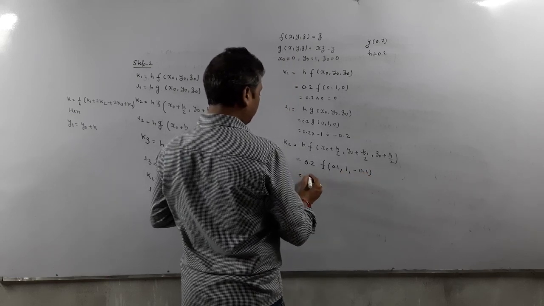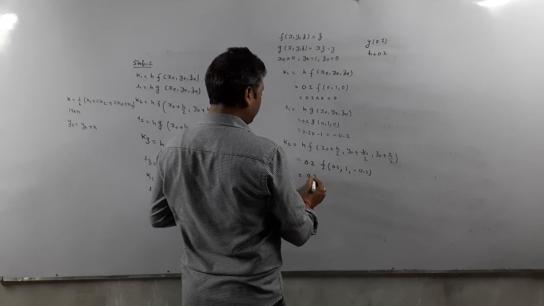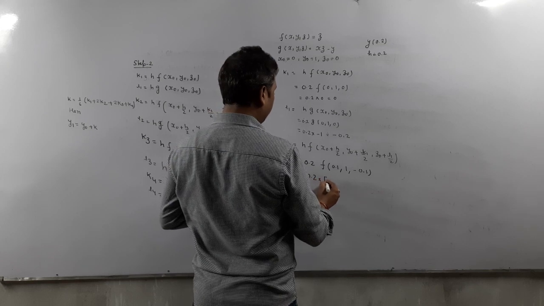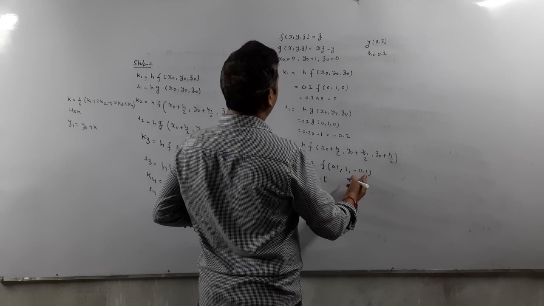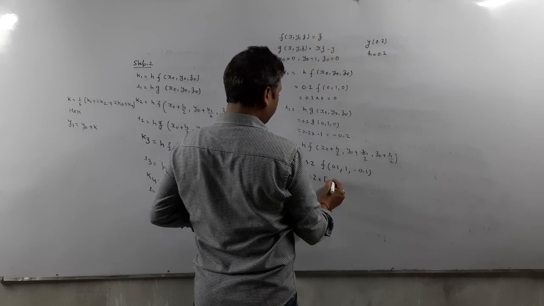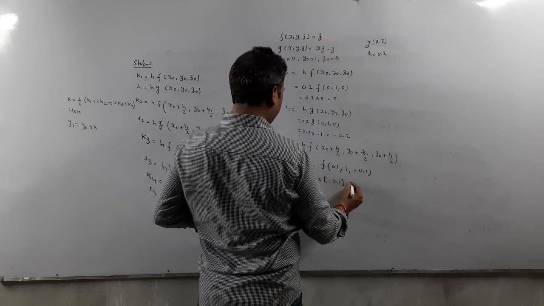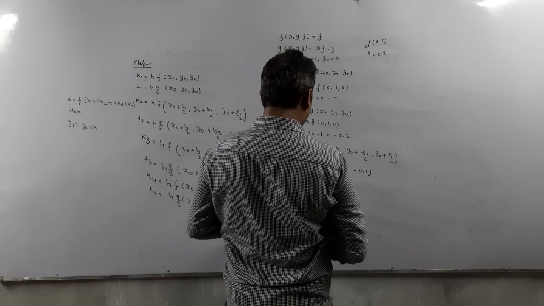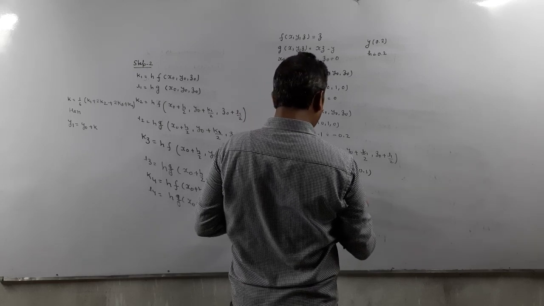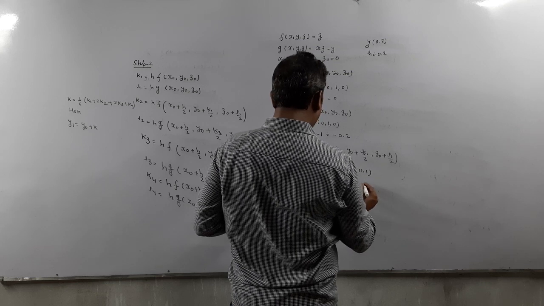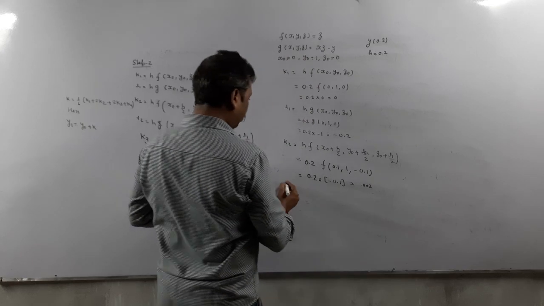So the z value is minus 0.1, and k2 is minus 0.02.